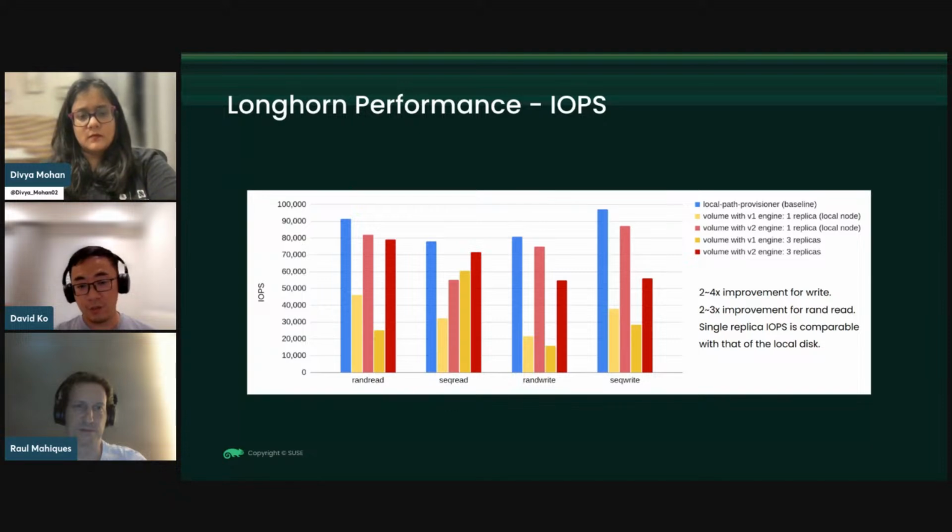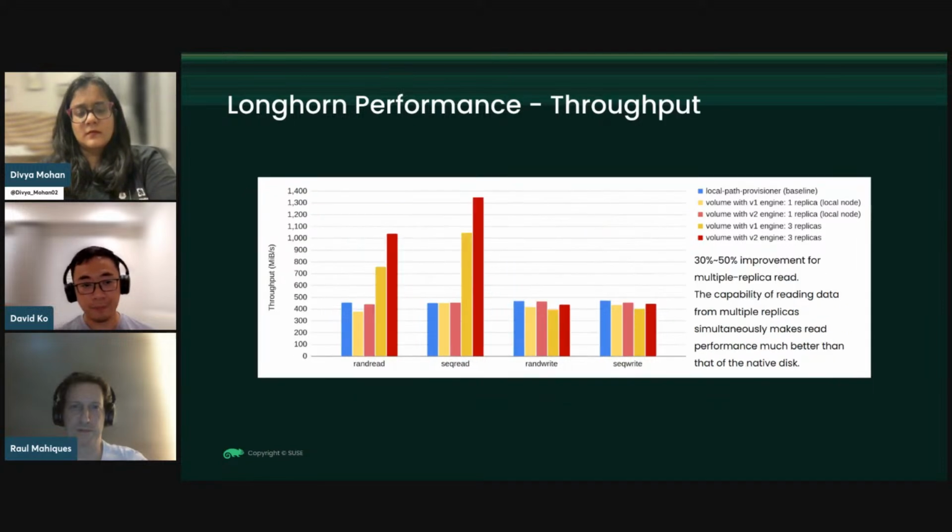And if we have more than one replica, maybe three replicas on different nodes, you will see a tremendous difference when you compare the performance between V1 and V2. This is quite impressive. We can see how V2 can bring better IOPS, especially if you have a data-intensive application, and this kind of improvement will definitely improve your workload performance and productivity as well.